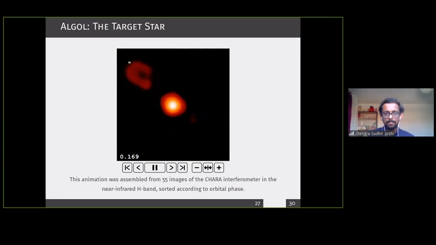If you see, when this part goes behind, this is when the star will have maximum brightness, and when it comes out, this will again have minimum brightness. And if you combine this, the total brightness will be the highest.